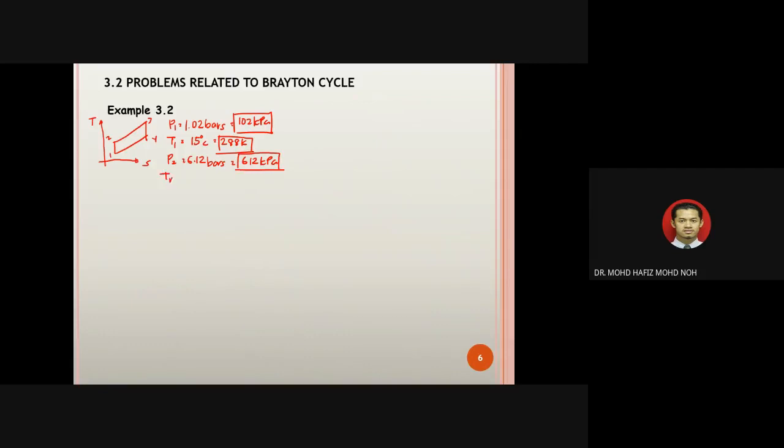So T maximum is equal to T3, which is 800 degrees Celsius. When you convert into Kelvin, it is 1073 Kelvin. Okay, clear. And at the same time, you know P2 and P1, so you can calculate the value of RP.